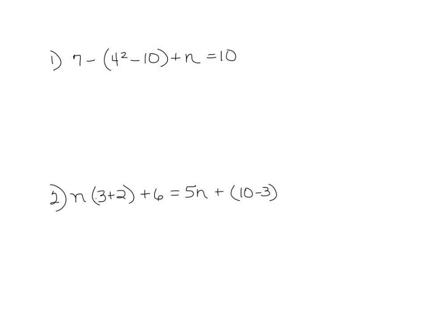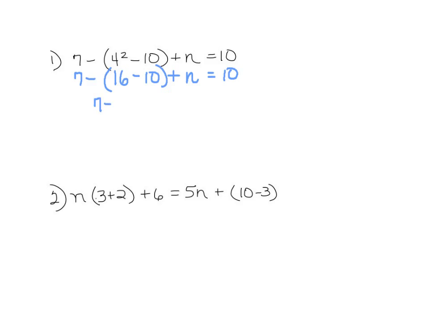Okay, so our first step is to work within the parentheses, evaluating the powers. So here's what I'm going to bring down. 7 minus 4 squared is 16, minus 10, plus n is equal to 10. Next I need to take care of the subtraction that's within the parentheses.